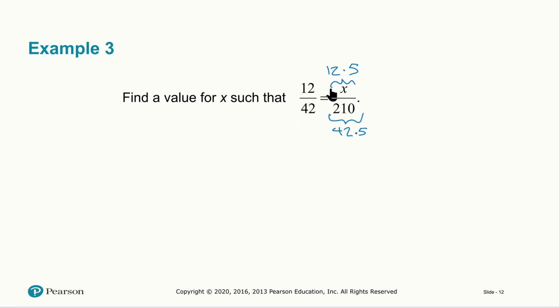And this, of course, results in x being 12 times 5, which is 60. So basically what we're asserting is the fact that the ratio of 12 to 42 is the same as the ratio of 60 to 210.